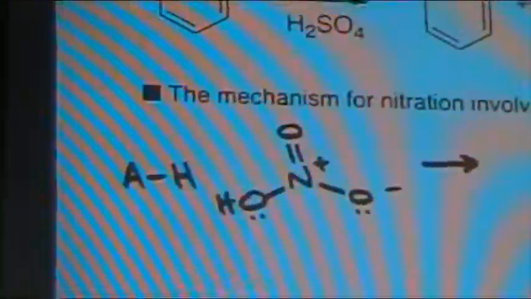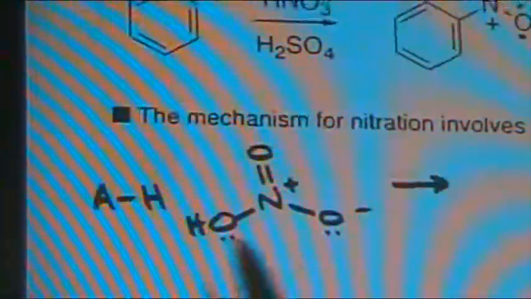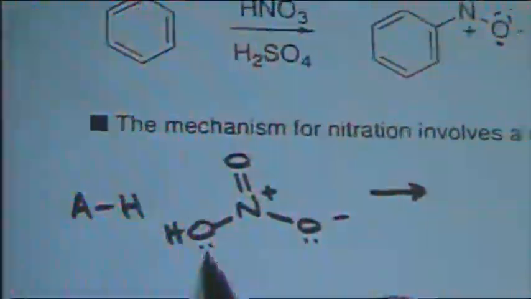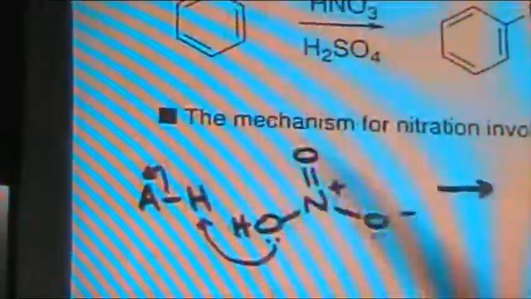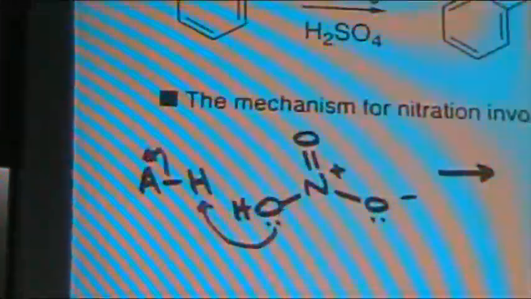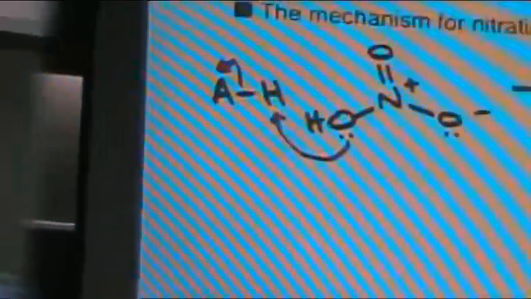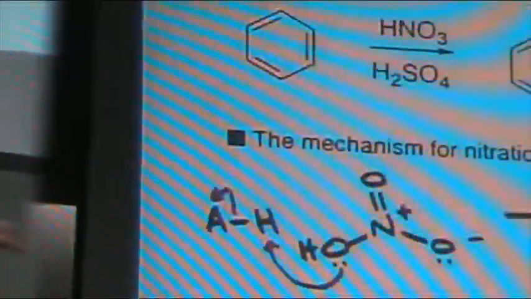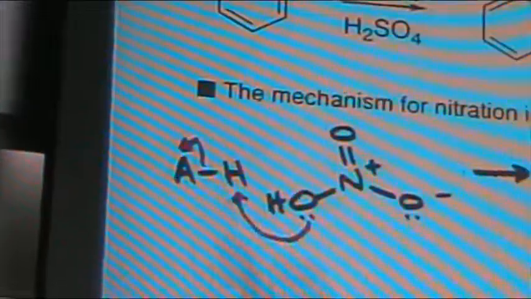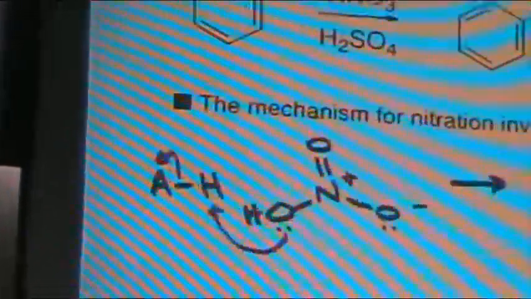But that 1 time out of 100, when this lone pair pulls off the proton from the acid, it converts the OH into a water leaving group. So you're not crazy if you think the lone pairs on the O minus will pull off the proton, but it's just going to get pulled right back off the oxygen. So it'll protonate O minus back and forth, and eventually this OH oxygen will get protonated.